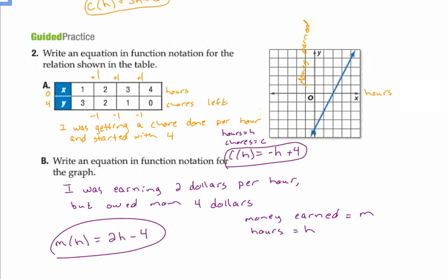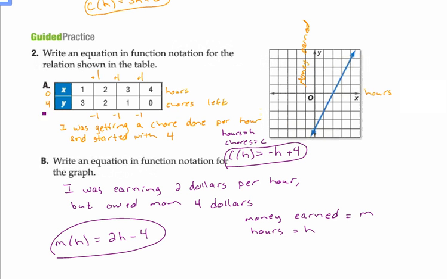So this table is a little bit tricky to understand because it looks like our y values are actually going down. So I thought of a situation where we would be decreasing, and I dealt with hours and chores left. So looking at this, it says after each hour, I was getting a chore done per hour because I was decreasing my chores by 1 per hour.